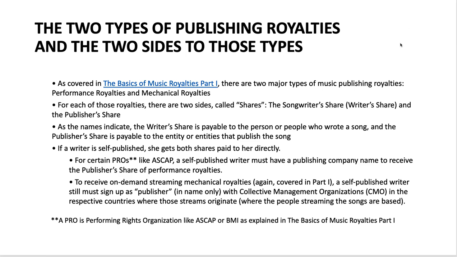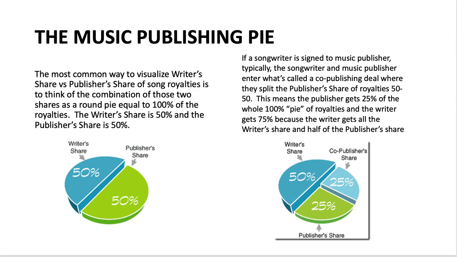And this next slide is going to go into how this writer share, publisher share thing works. This is something that a lot of people use to explain publishing, the music publishing pie. If you think of music publishing as a big pie worth 100%, half that pie is the writer share and half is the publisher share.